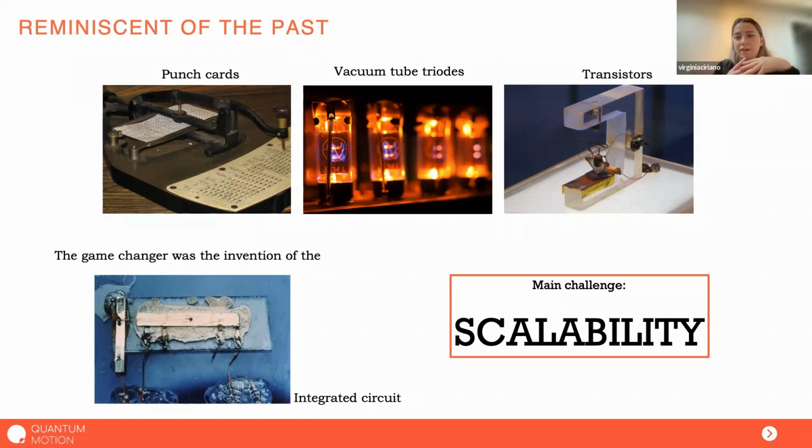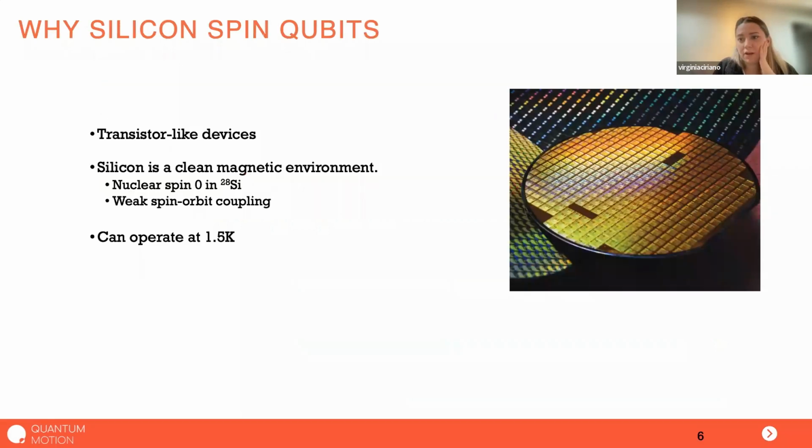And this is what is key to make any kind of computer: that you can scale it up, make it bigger, and have a lot of qubits or bits in it. So I'm here to sell you silicon. Why would you use silicon instead of the other ones? The first reason, and probably the most important, is that the structures in which the qubits are made are very similar to the transistors that are made in foundries.